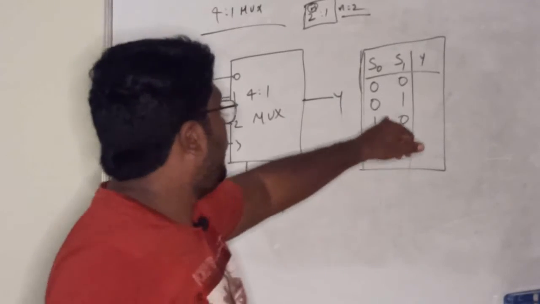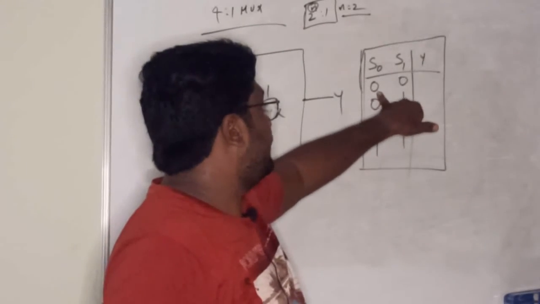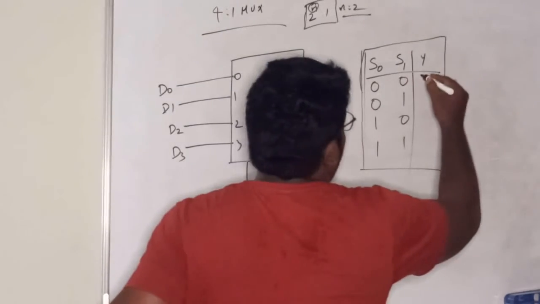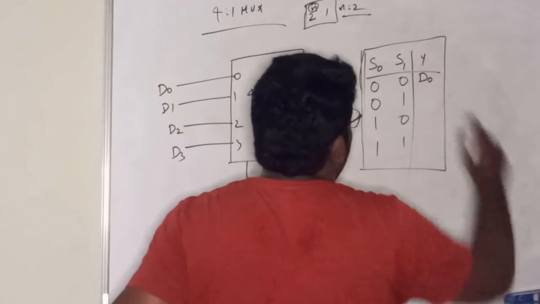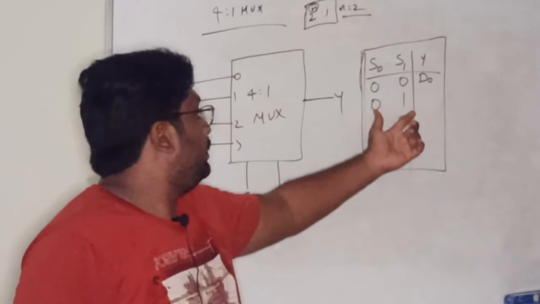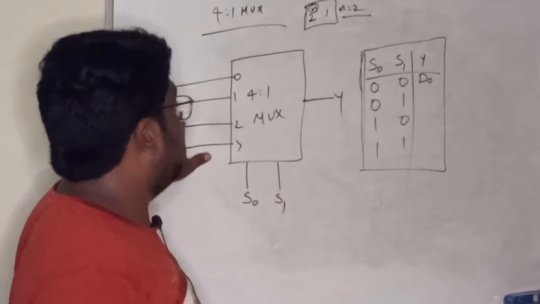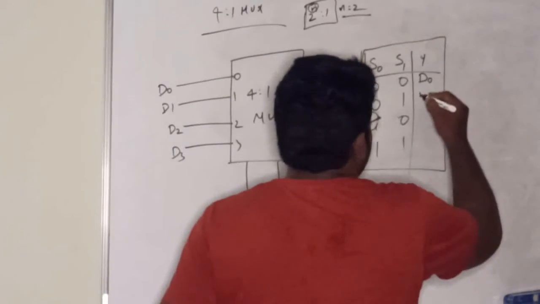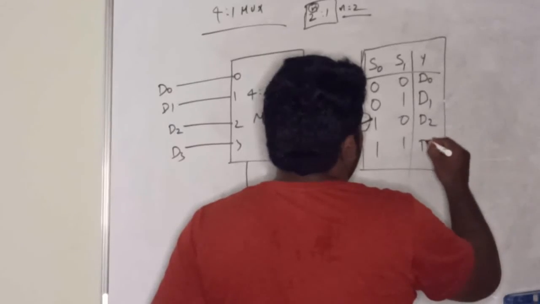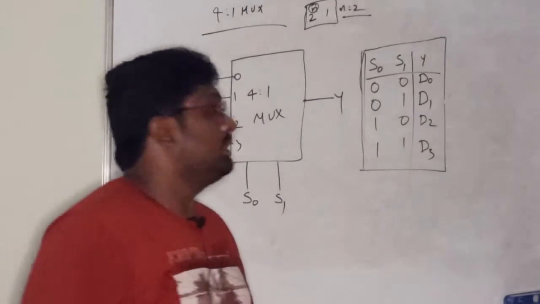When the select lines are 0 and 0, D0 will be selected. When they are 0 and 1, the D1 data line will be selected. When they are 1, 0, D2 will be selected, and 1, 1, D3 will be selected.